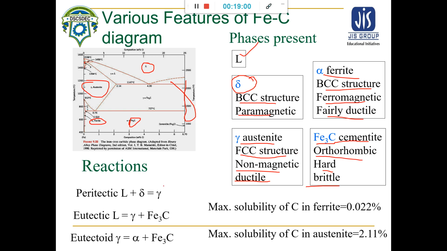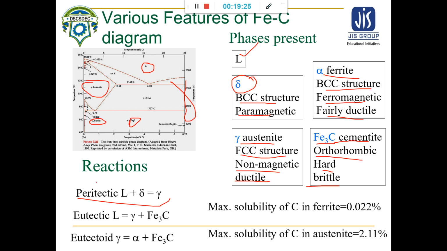The reactions should be known. First, there is the peritectic reaction. In the peritectic reaction, a liquid and a solid combine to make a solid.